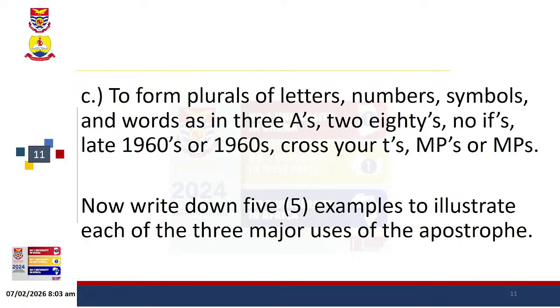Then we are saying that we can also use it to form the plurals of letters, numbers, symbols, and words. And I want to find out if you can give us some 5 examples for each of the uses we have mentioned.